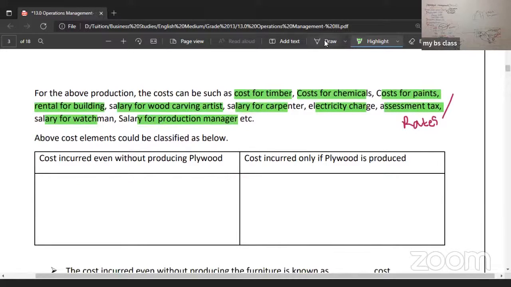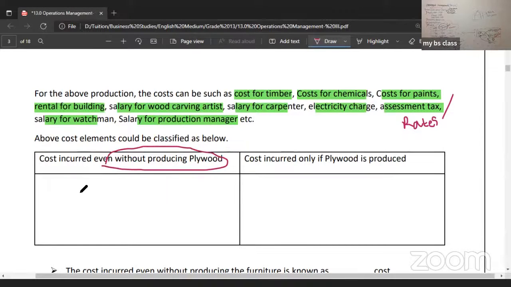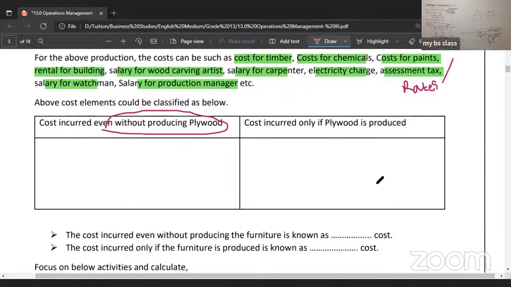Now, based on the information provided, we can divide these cost elements into two parts. Where the cost is incurred even without producing plywood. So there are some costs we incur whether or not we make plywood. And the others? Cost incurred if only plywood is produced.